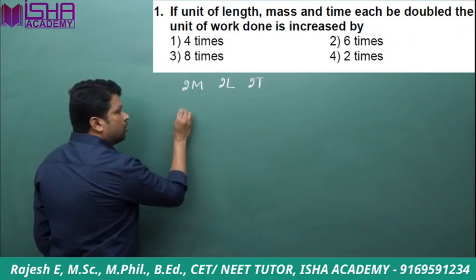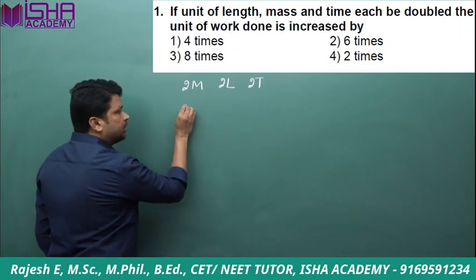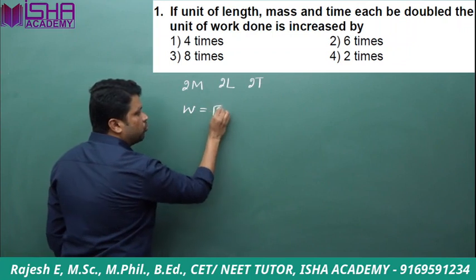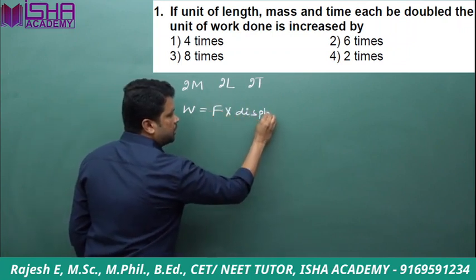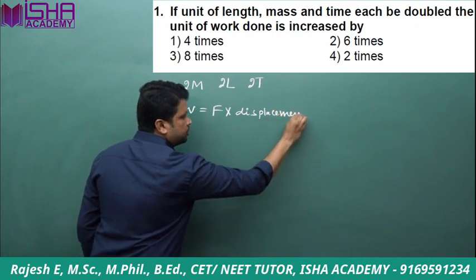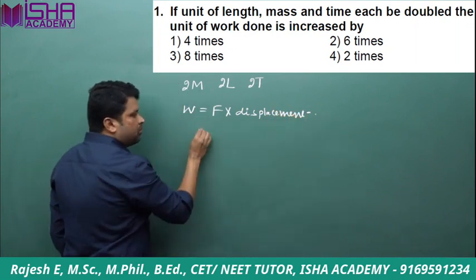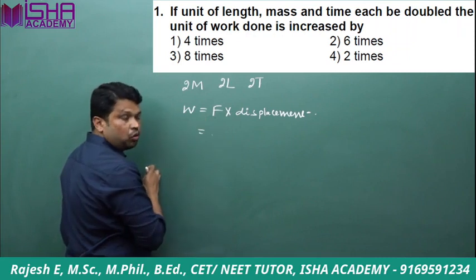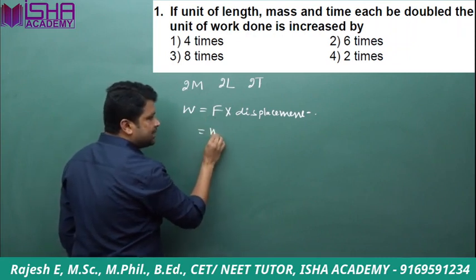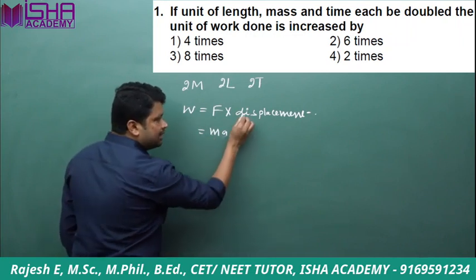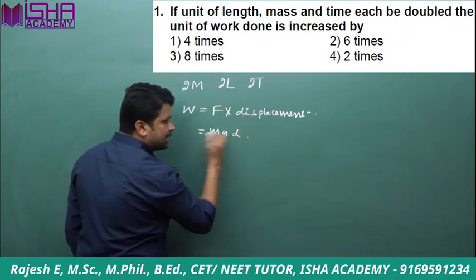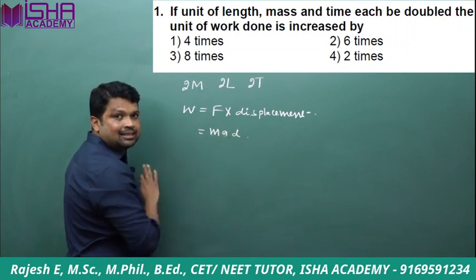See here, we know the formula for work done: work done is equal to force into displacement. What do you mean by force? The dimension formula for force is mass into acceleration, and this is displacement, represented by d or x or s.